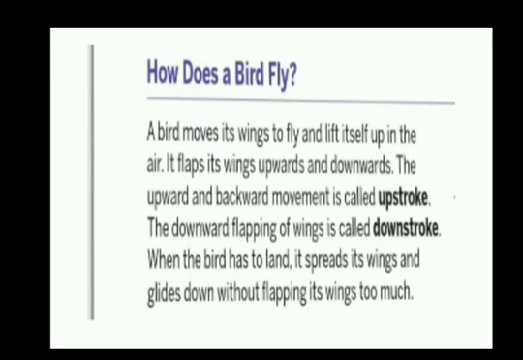When they flap their wings downwards, the wings also move a little forward. Okay, so that movement of the wings is called downstroke. When the bird has to land, it spreads its wings and glides down without flapping its wings too much.